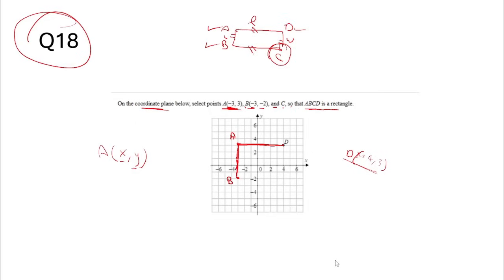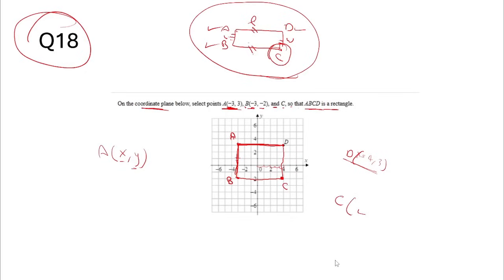Okay. Now to locate C, as I said here, the widths are equal. So that means I will go from D down the same width as this side. This is C. And also the length will be the same. So this is point C. So point C, how many x? 0, 1, 2, 3, 4.